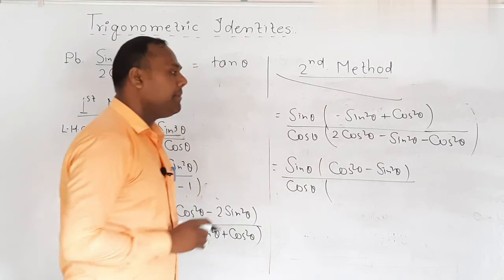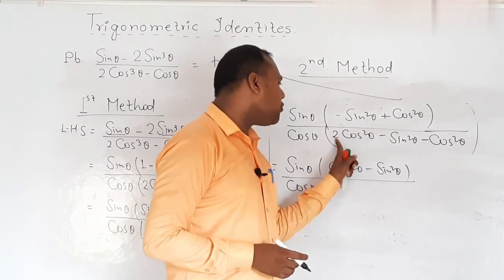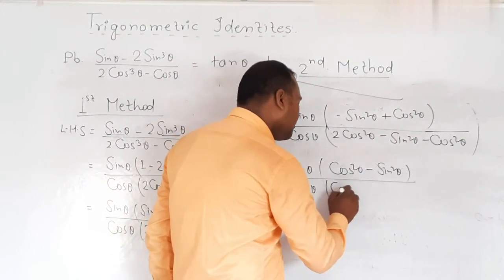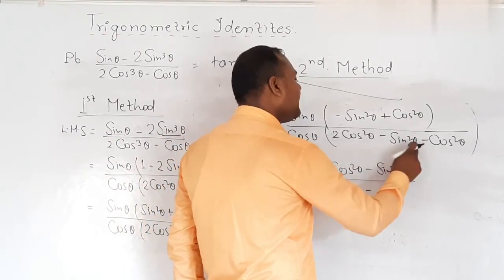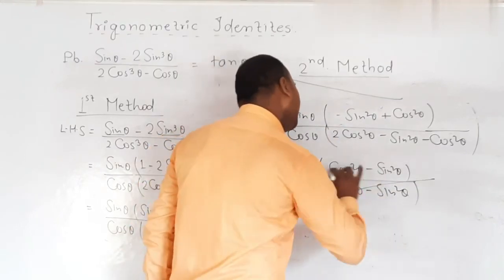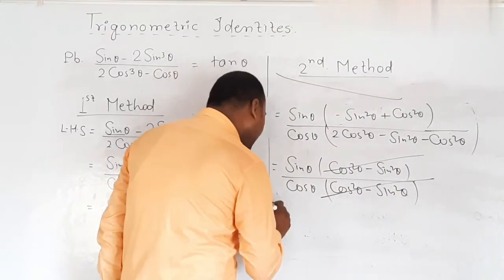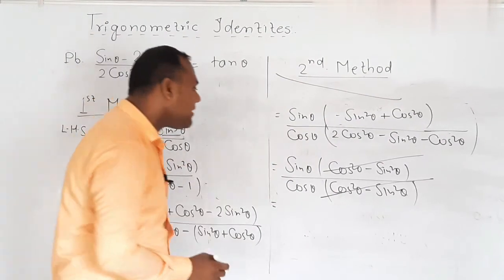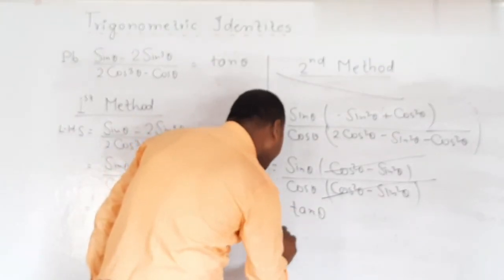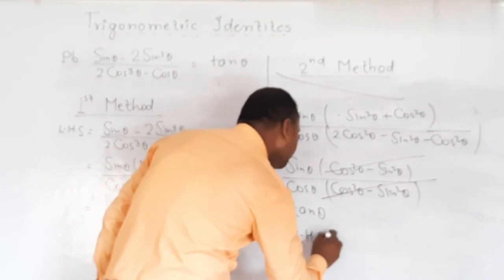And please look here: 2 cos²θ minus cos²θ means cos²θ, that means cos²θ minus sin²θ, and this part cancels out with this part, that means sin upon cos, that means tan. Sin θ upon cos θ means tan θ. Therefore LHS will be equal to RHS.